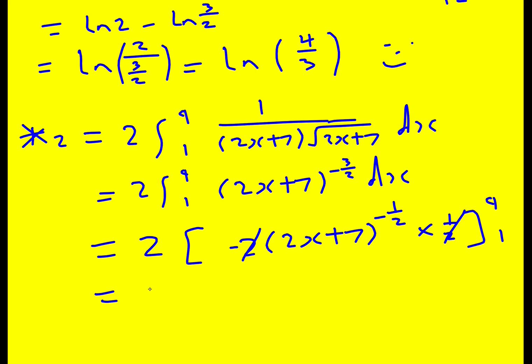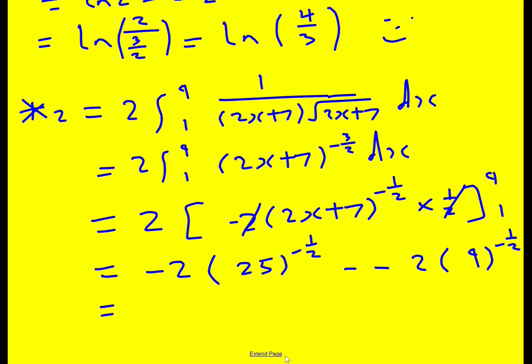So I'm going to get minus 2 lots of 25 to the minus a half minus 2 lots of 9 to the minus a half.